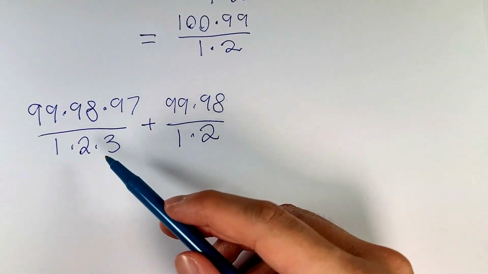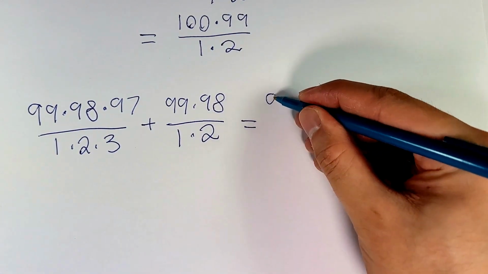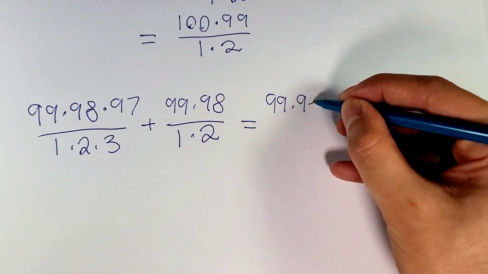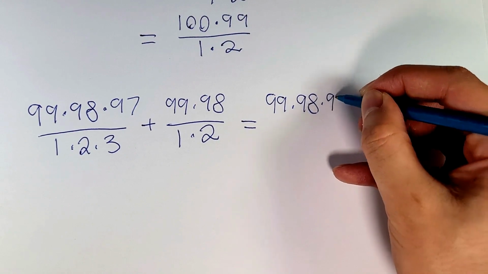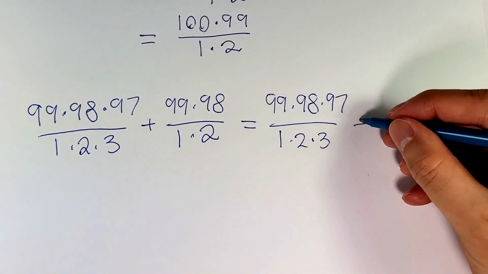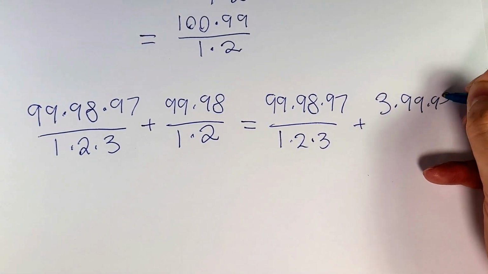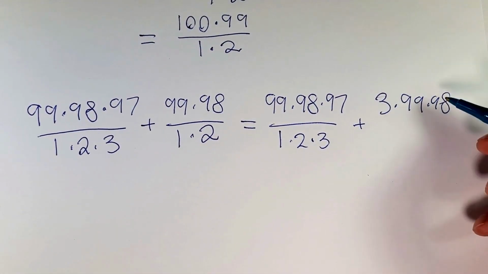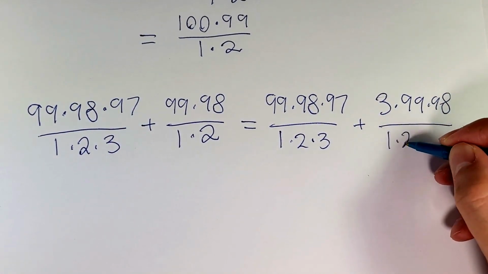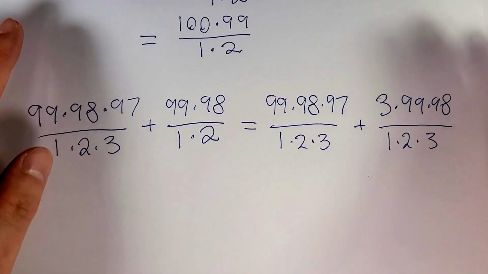I do this because I want to add these fractions. And I get 99 times 98 and so on, plus 3 times 99 times 98, since I multiplied the numerator by 3, and 1 times 2 times 3, since I multiplied the denominator by 3.